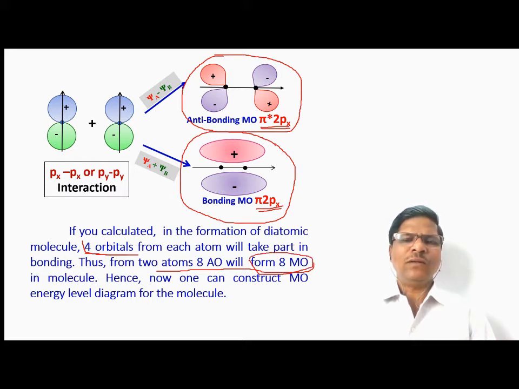We have the rule: the number of atomic orbitals is equal to the number of molecular orbitals. So 2 atoms, total 8 atomic orbitals are involved in the formation of the molecular orbitals, and as there are 8 atomic orbitals, ultimately we will get 8 molecular orbitals. Okay.